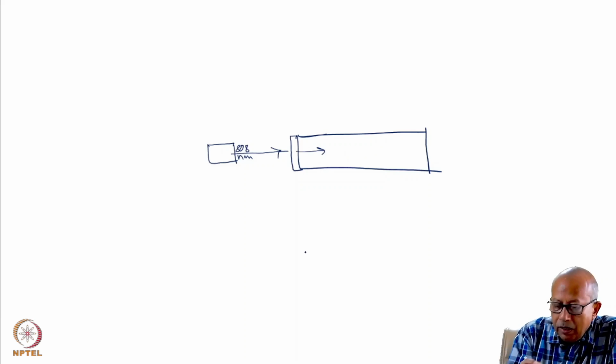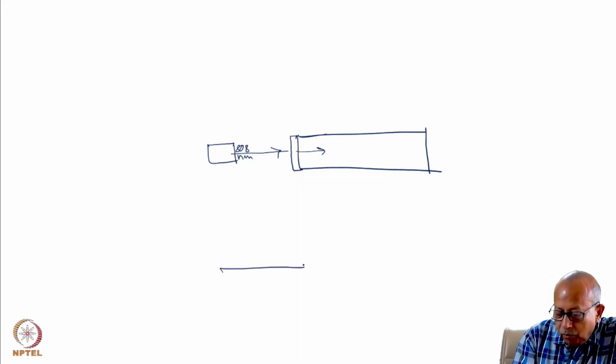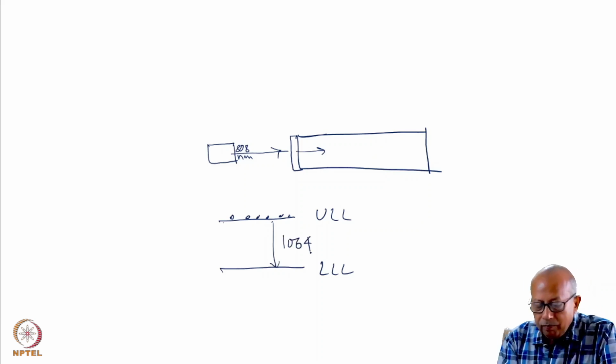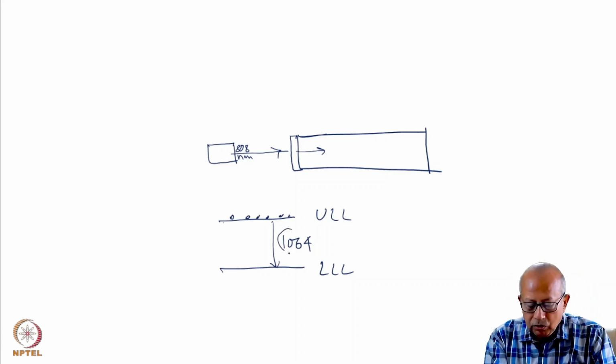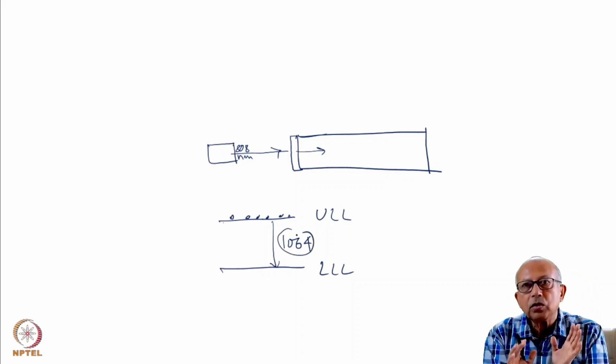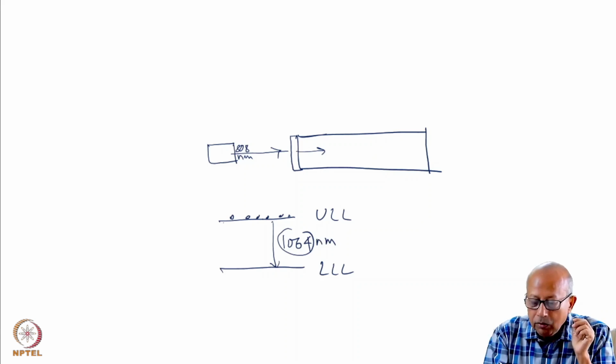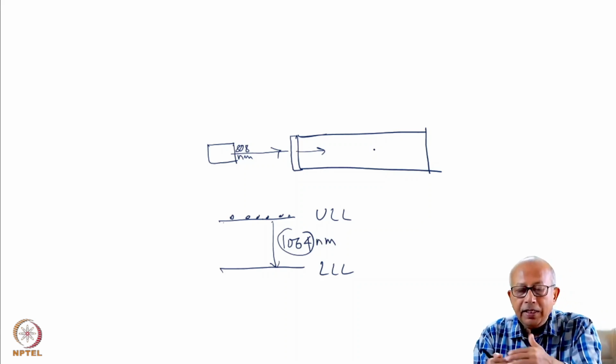That means you have created population inversion between the upper laser level and the lower laser level. This occurs at a wavelength of the spacing between these two, which is 1064 nanometer in wavelength. So you have created gain here.